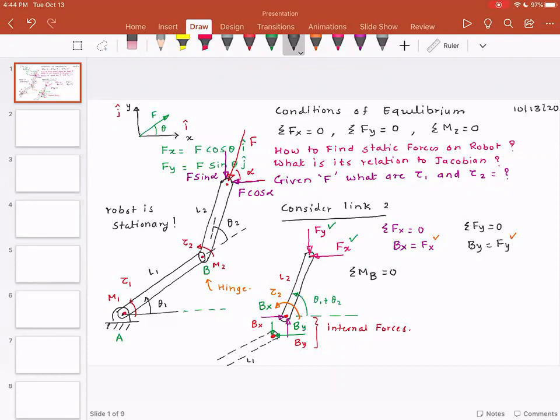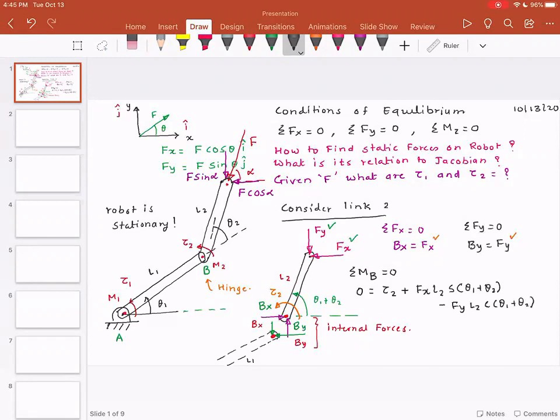So summation of moment is 0, which is equal to, I will have tau 2 plus f of x L2 sine theta 1 plus theta 2 minus fy L2 cosine theta 1 plus theta 2.